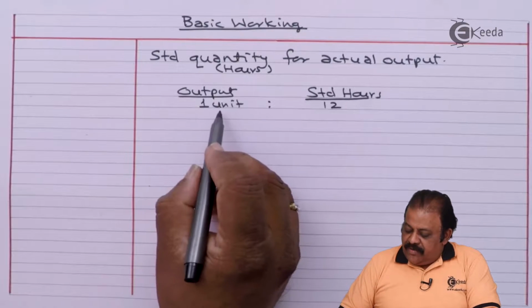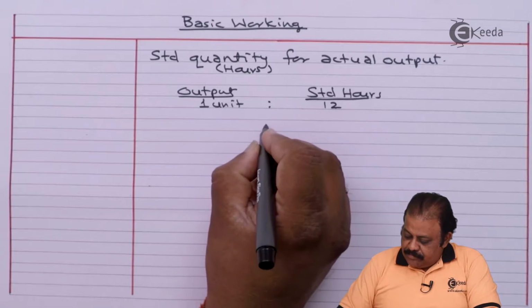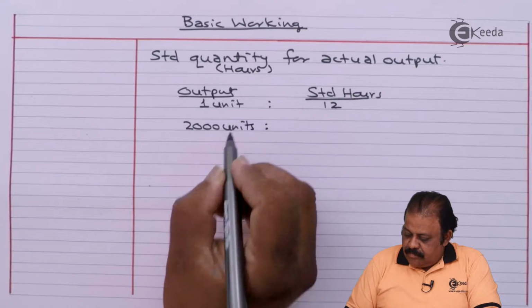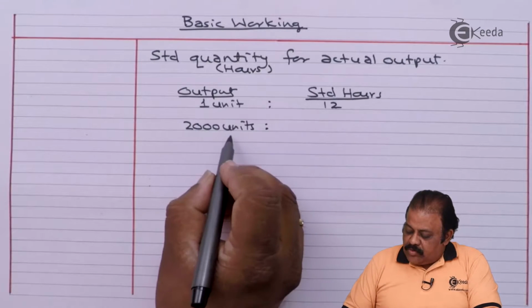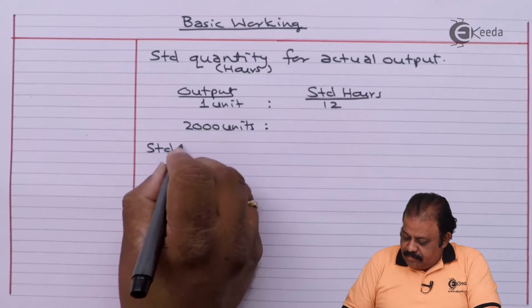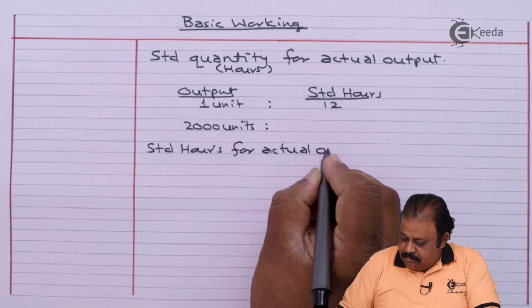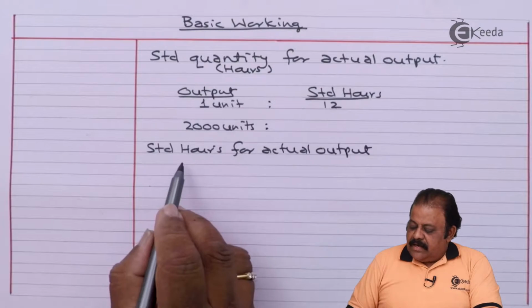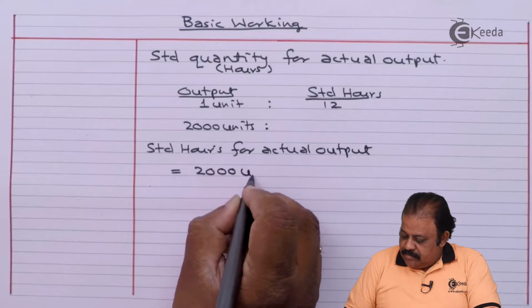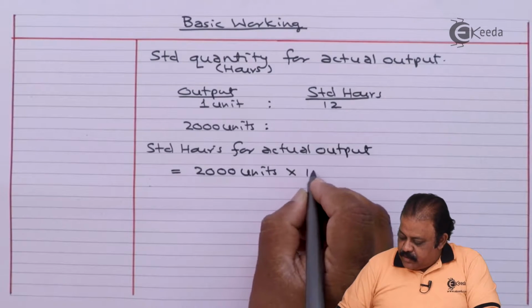For 1 unit of output, standard hours 12 hours. Actual output 2000 units. Standard hours for actual output: 2000 units multiplied by 12.